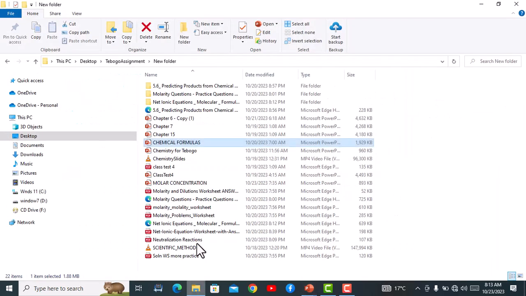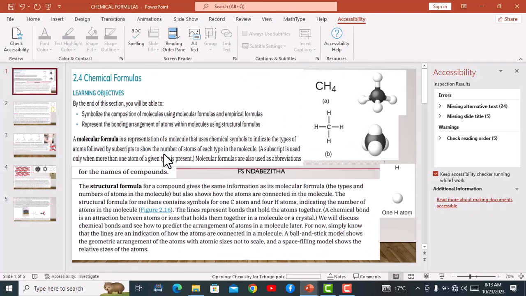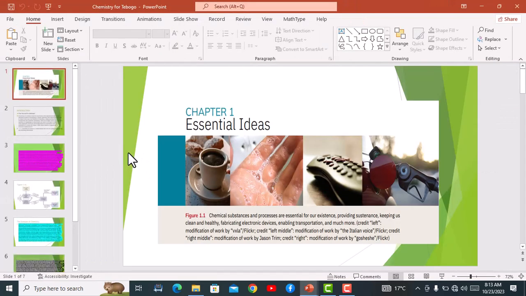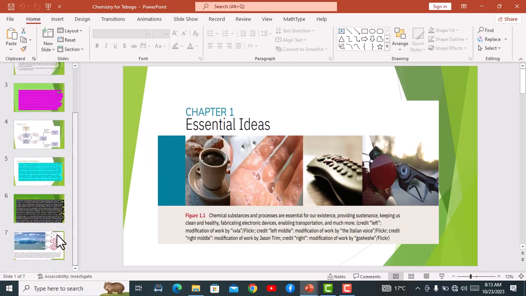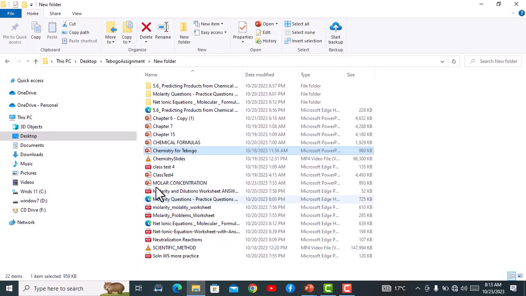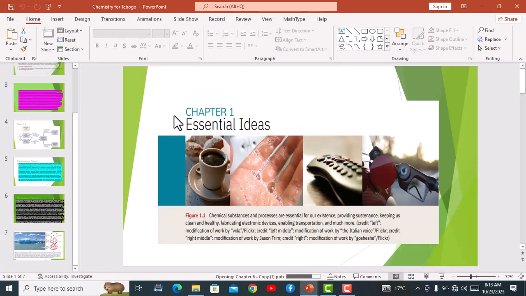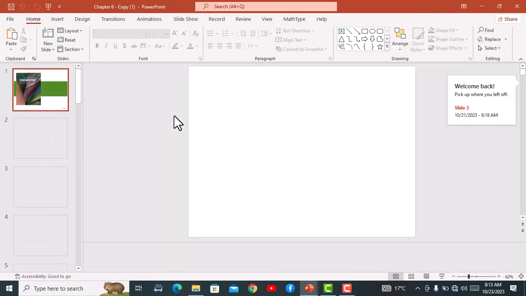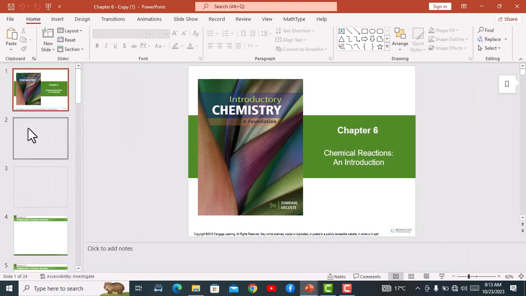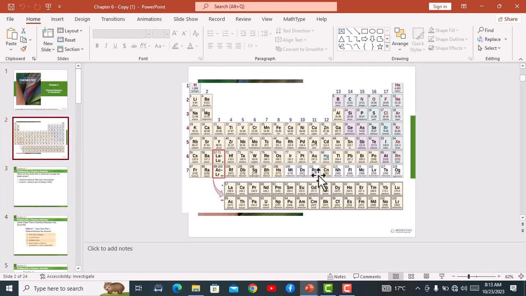In the periodic table I want to show you some very important things that are worthy of noting. Right, let's come in here and let me just do this.